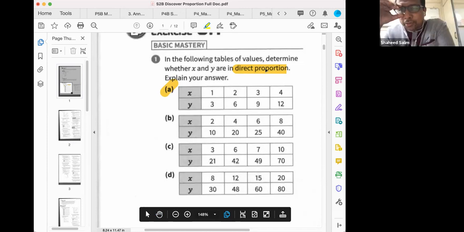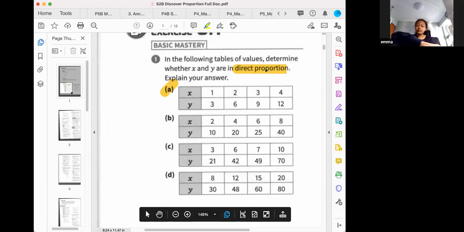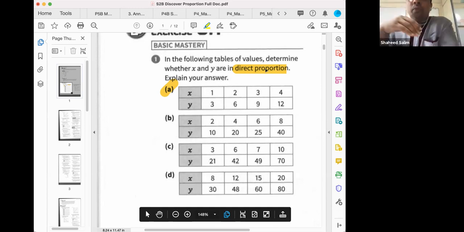So k equals y over x. Can you try one question 1A? You tell me, is it in direct proportion or not?